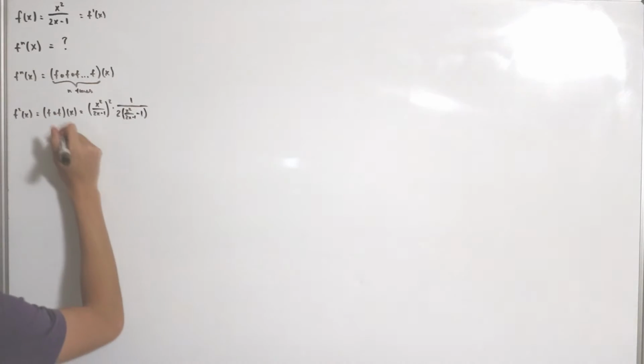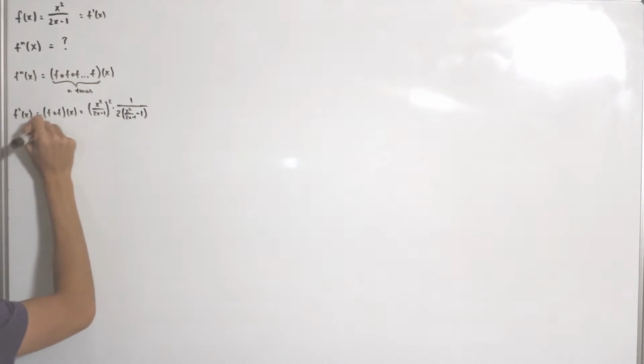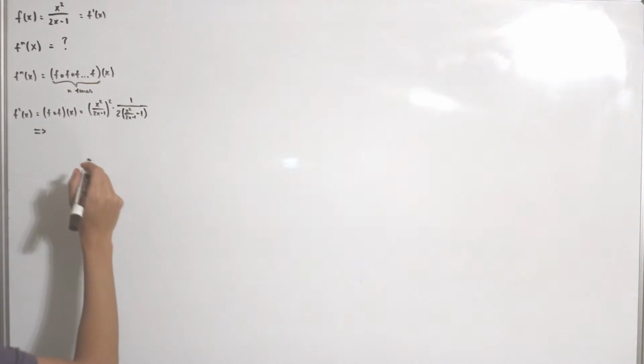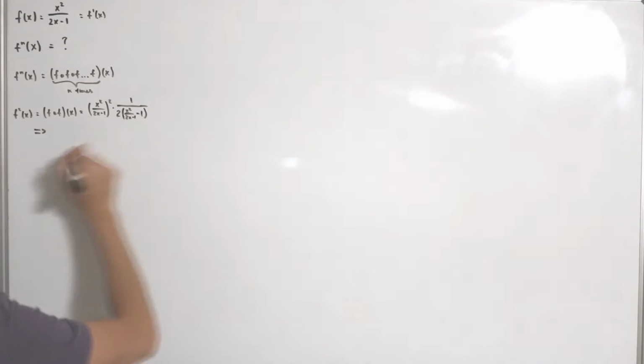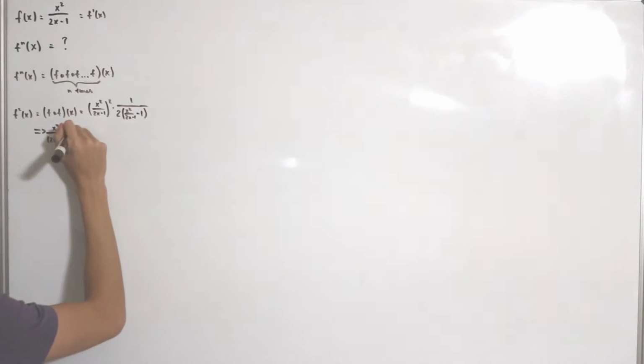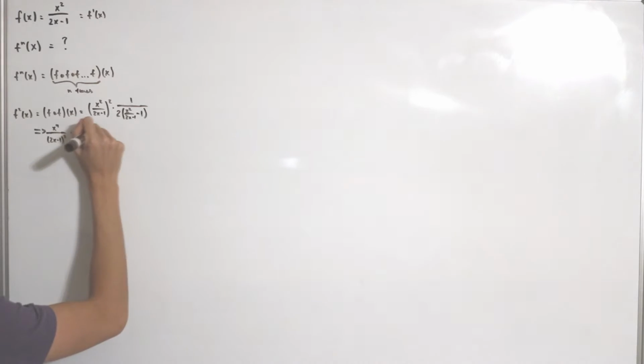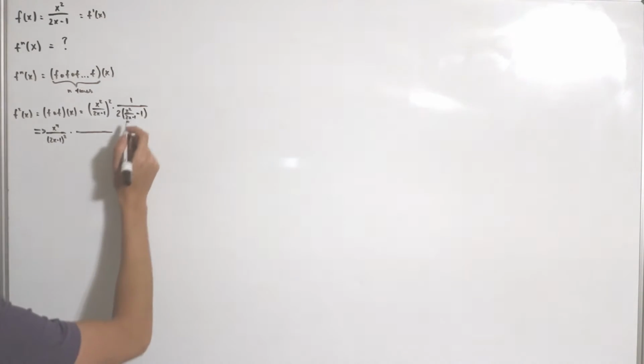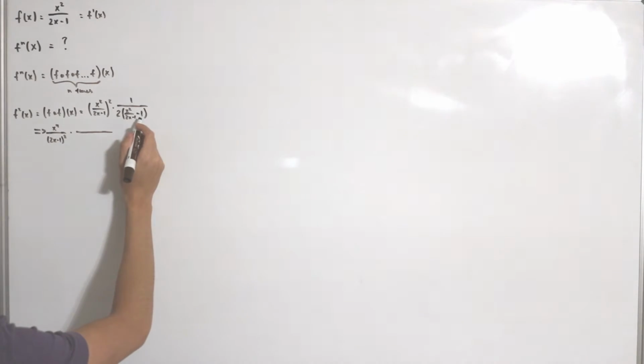And so when we simplify this out, we get x to the 4th divided by 2x minus 1 squared, then multiplied by, okay, I can just distribute, but let's also do this so that we can get a common denominator.